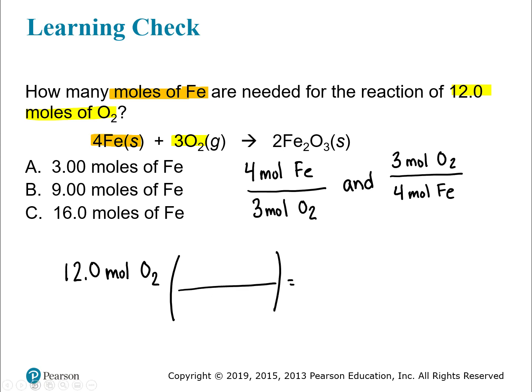We need to choose which one of these will actually get us to number of moles of iron. So let me know which one we use. Is it A or is it B?